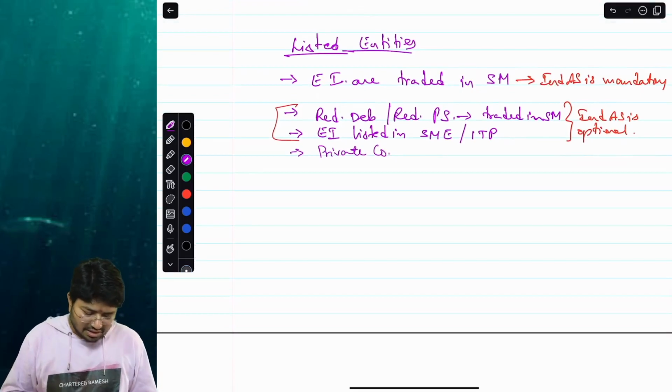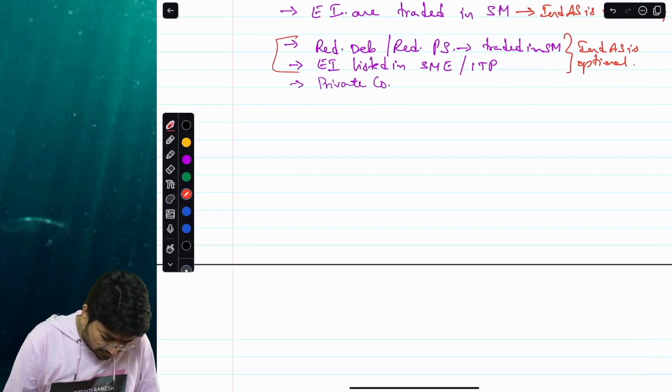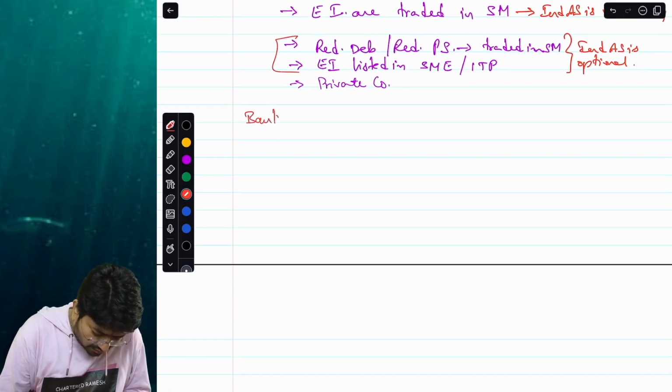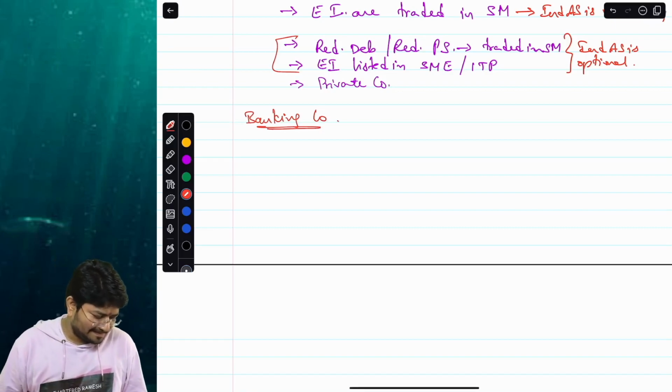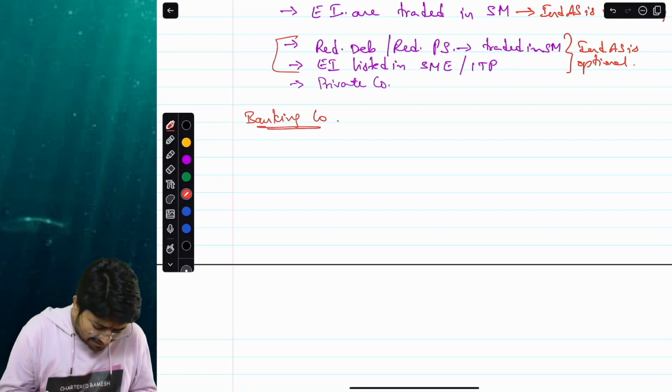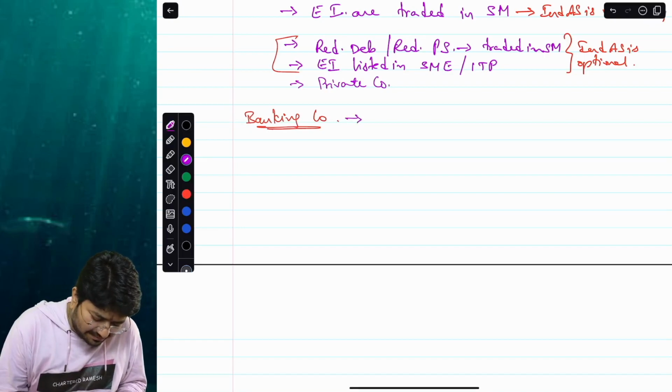Now, let's go to banking company. Okay, banking company is fairly simple. Banking company, which is a bank as per Banking Regulations Act.